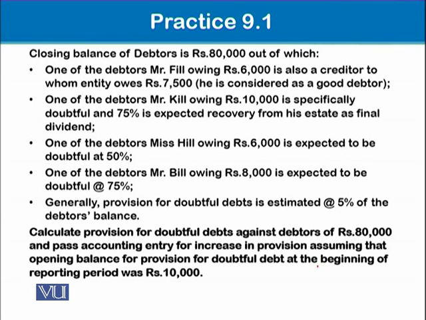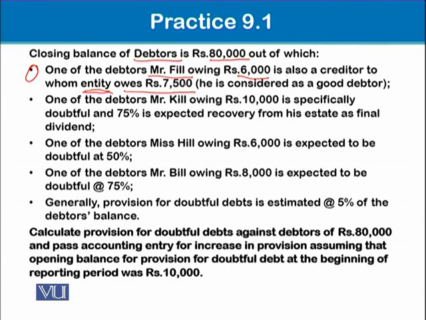So what we see in the earlier diagram, now we will practice through this question. There is a closing balance of debtors with us, 80,000. And we know very well that we have to look into that. Do we have any good debtor appearing in this 80,000? Yes, there is a debtor whose name is Mr. Phil, owing 6,000. He is also a creditor whom the entity owes 7,500.